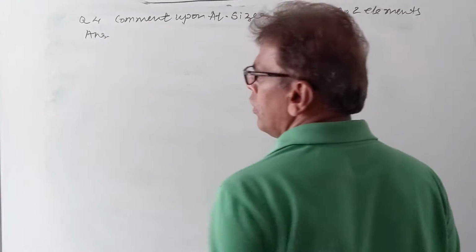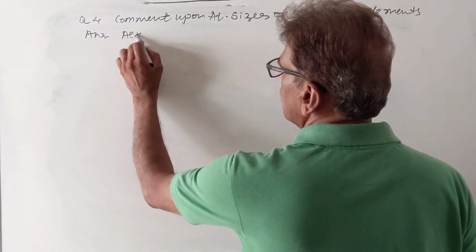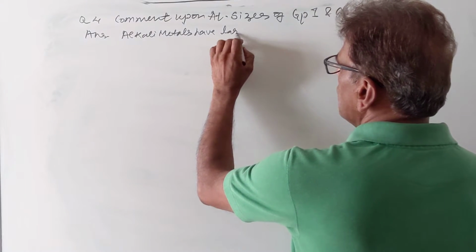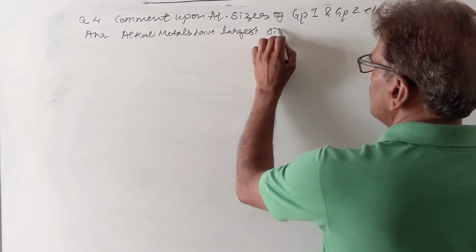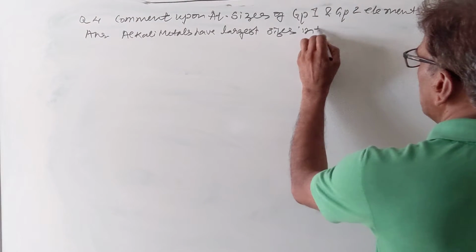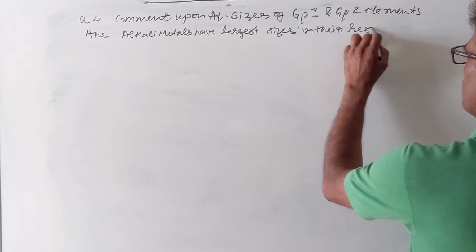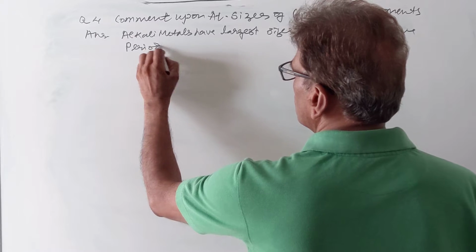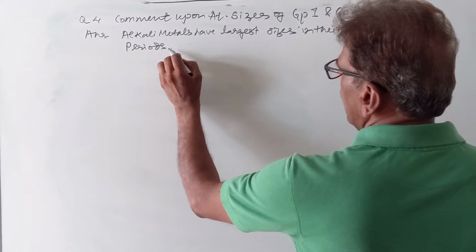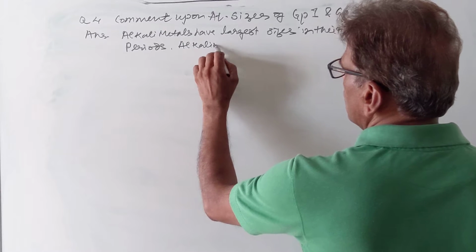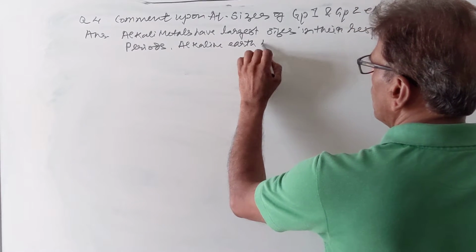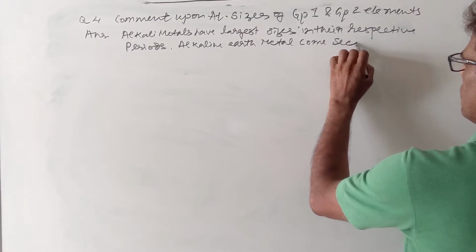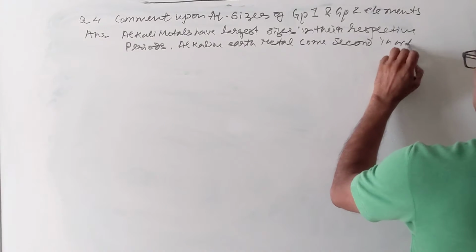Answer is alkali metals have largest size in their respective periods. Alkaline earth metals are second in order of sizes.